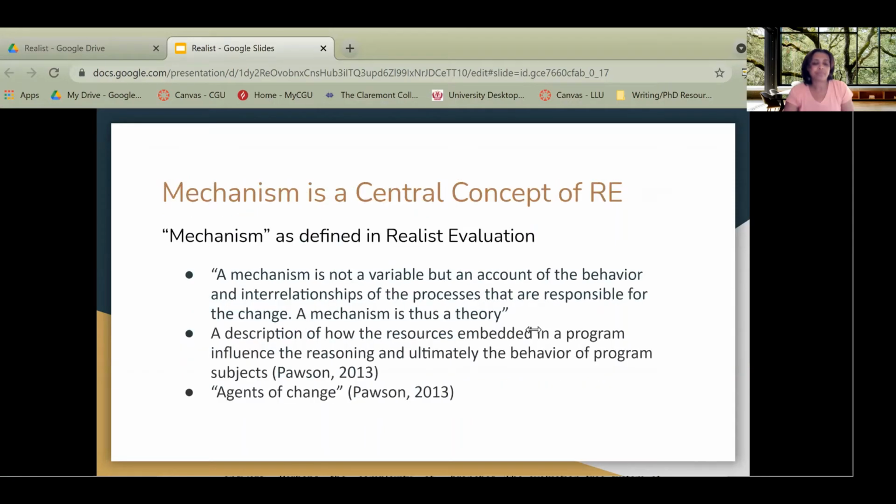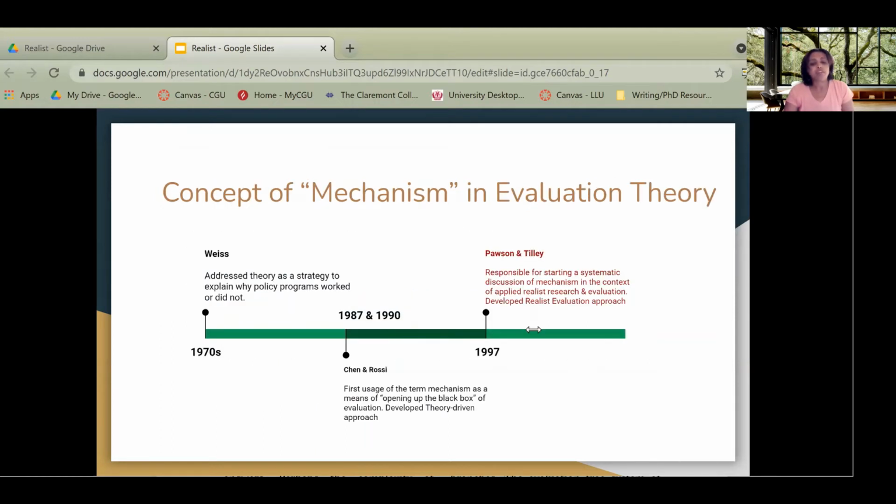As Eva mentioned, the underlying mechanism is a central concept in realist evaluation, and Pawson provides various definitions of mechanism in his early and then later works. However, the effort to identify mechanisms by which programs work does predate Pawson and Tilley's 1997 book, Realist Evaluation, where the approach was conceptualized.